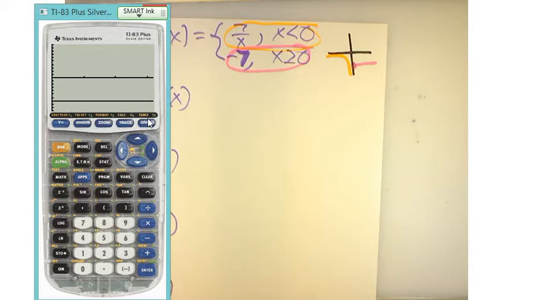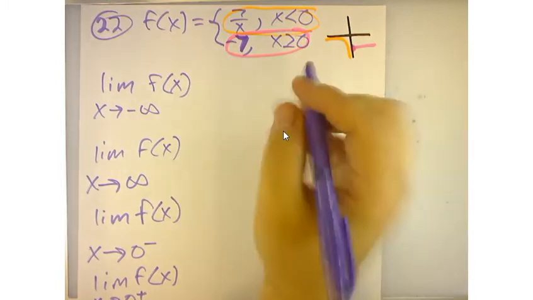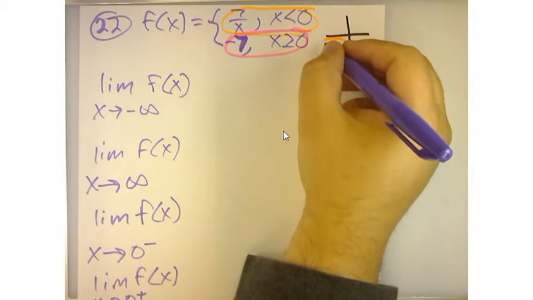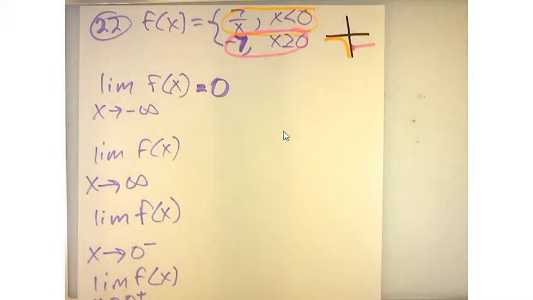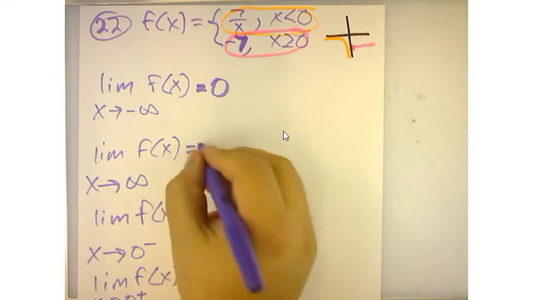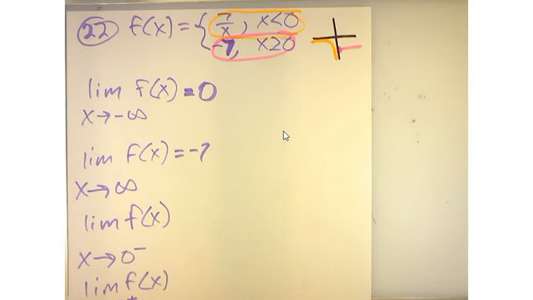All right. So now let's look at this thing and determine what the limits are. What's the limit as we approach negative infinity? 0. What's the limit as we approach positive infinity? Negative 7. This is where you guys are getting confused, I think.